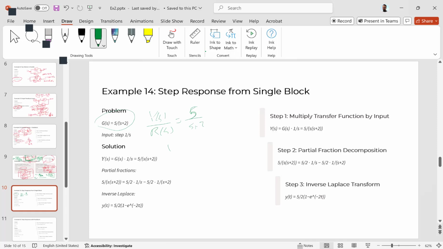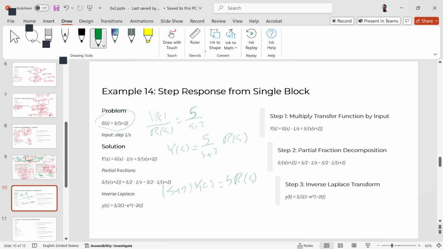So the output is going to be 5 over s plus 2 times R(s). Correct? So if you take this denominator and put it on the left-hand side, (s plus 2) times Y(s) is going to be 5 R(s). Are we good?